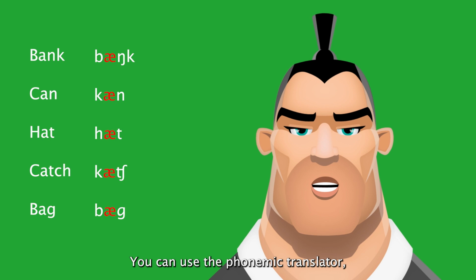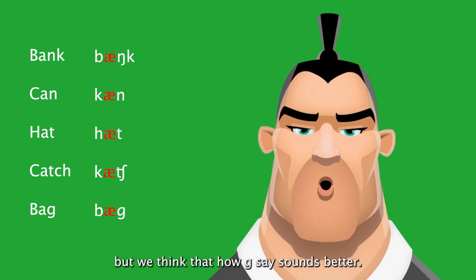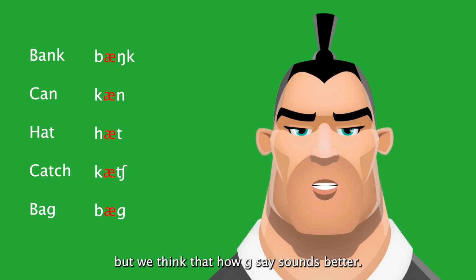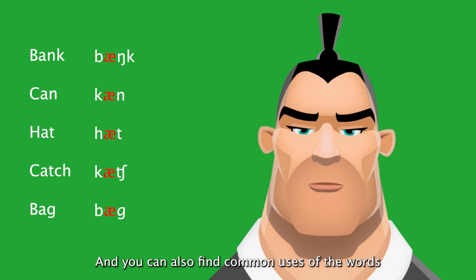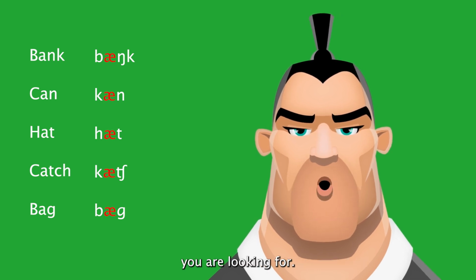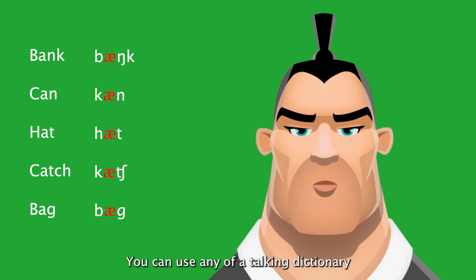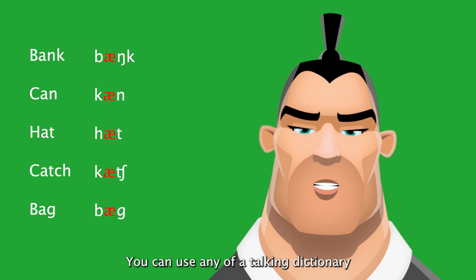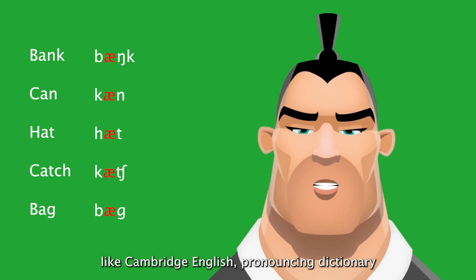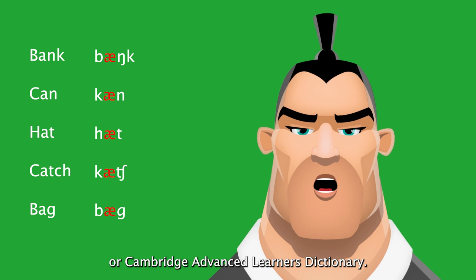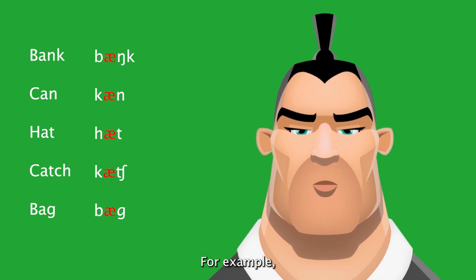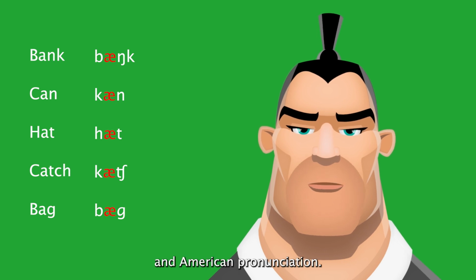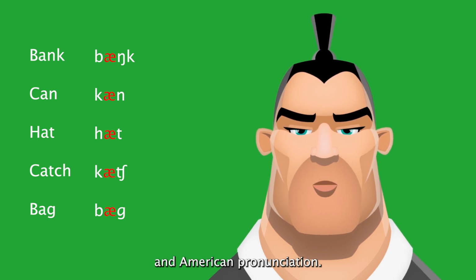You can use the phonemic translator, but we think that how you say sounds better, and you can also find common uses of the words you are looking for. You can use any other talking dictionary, like Cambridge English Pronouncing Dictionary or Cambridge Advanced Learners Dictionary, for example. They both give British and American pronunciation.